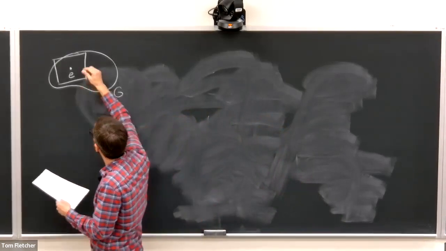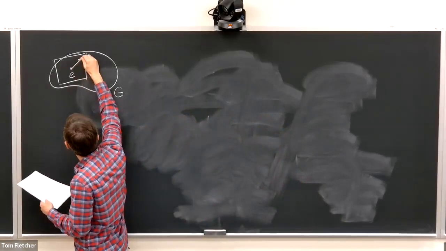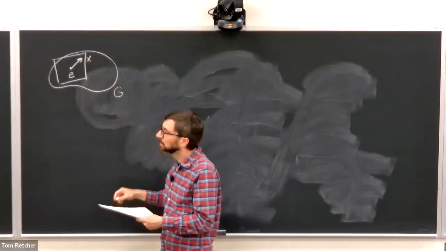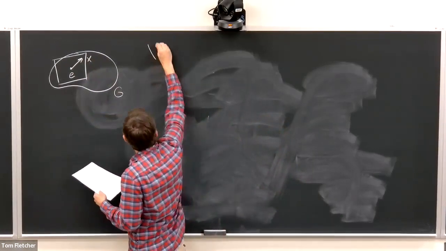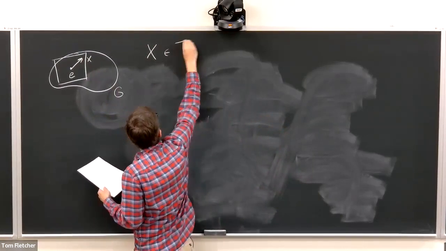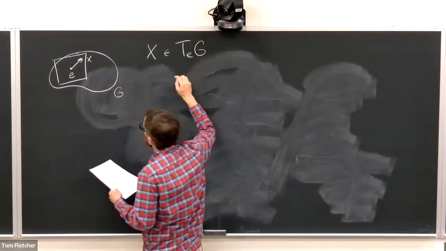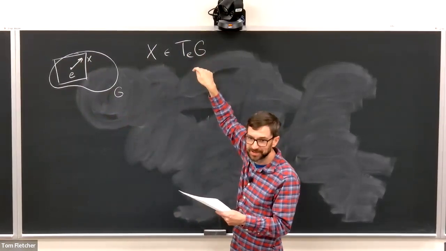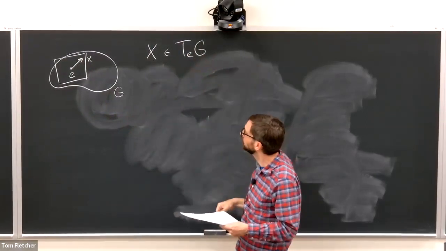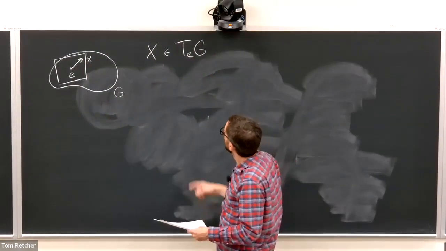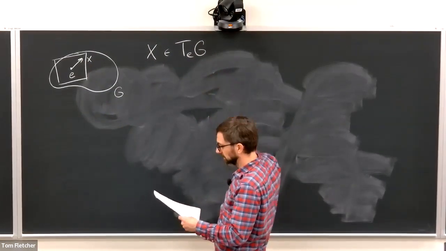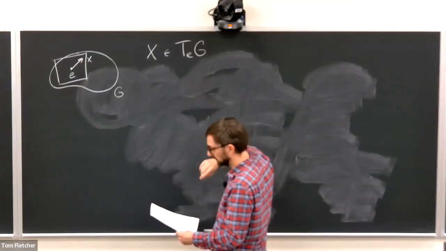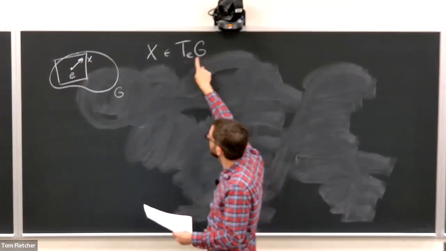But we're at this point, and we have a tangent vector, which we're using capital letters for, so I'll say capital X. Capital X is an element of the tangent space at identity, T_e G, which is a Fraktur G font in the notes, because I can't draw that on the blackboard, so I'll frequently write it this way, or try to write a different script, but I think this is more clear. So this is the tangent space at the identity.